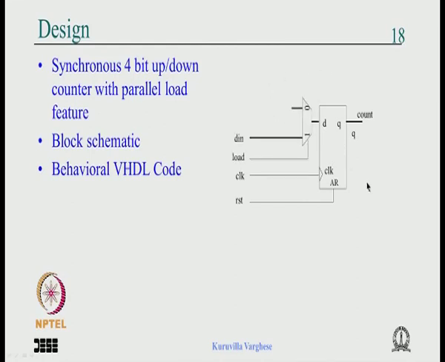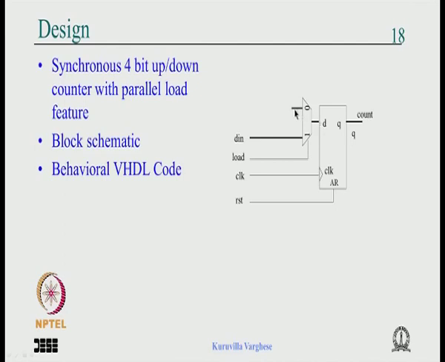So we put a 2 to 1 mux at the input because that is the highest priority, and we have seen that the highest priority will come near to the D, because that is the one which gets effect first. So when the load is 1, this D in gets loaded into the D.